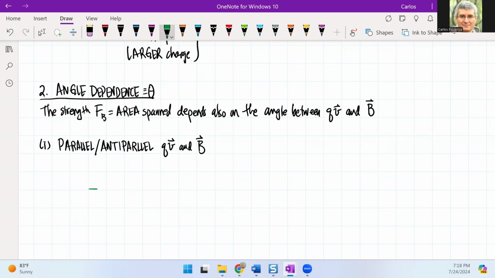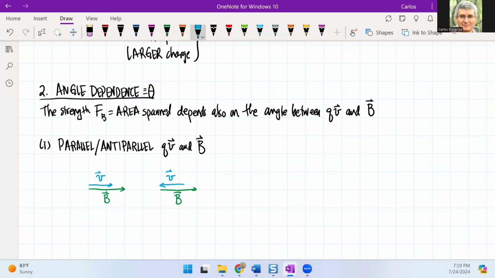Let's say that this is my magnetic field. And over here, I have a magnetic field. So I can have my velocity that's parallel, or I can have my velocity that's anti-parallel. But the cross product says that these guys don't span an area.